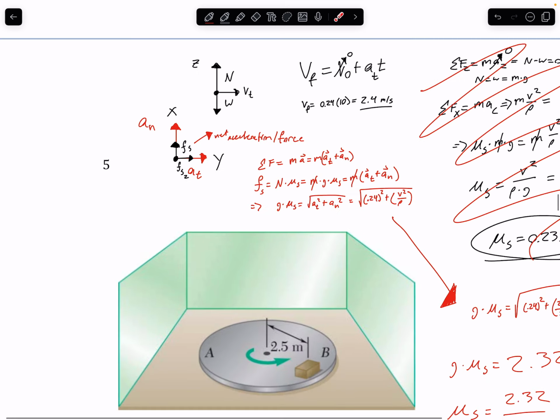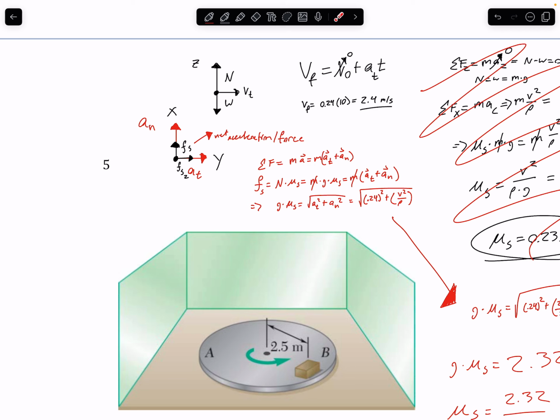And then I have x going in, with the normal acceleration, and y that way.